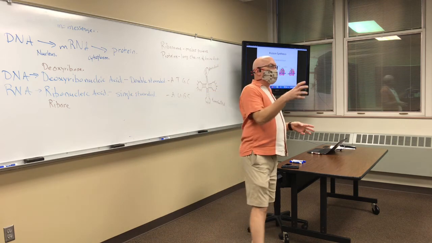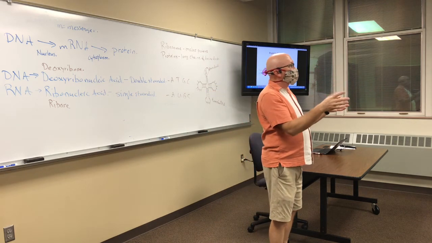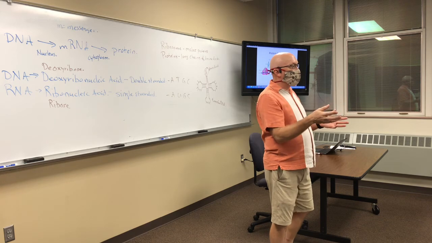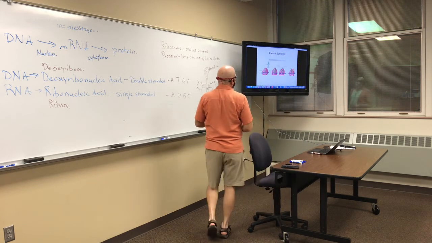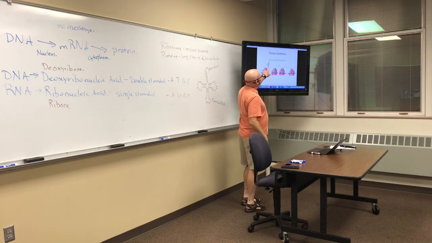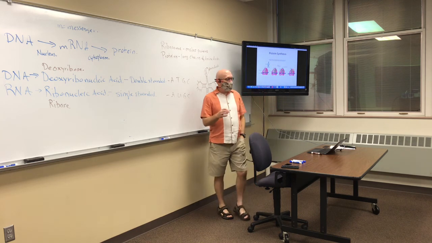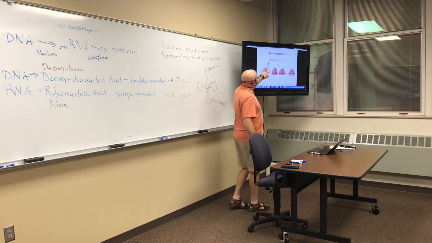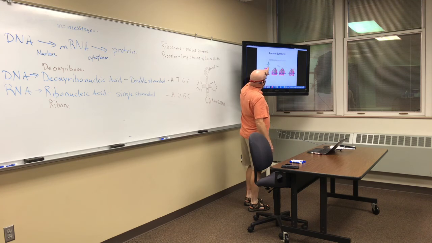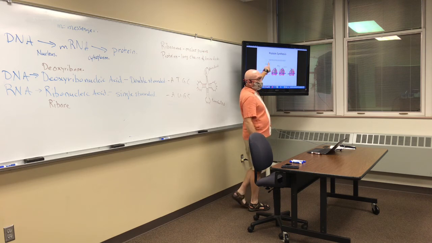And what happens is there are a bunch of transfer RNA molecules just floating around in the cytoplasm. For each of these transfer RNA molecules, there's a sequence of nitrogenous bases at one end, and there's a specific amino acid at the other end. And if the sequence here is guanine, adenine, cytosine, this transfer RNA molecule always carries leucine, the amino acid leucine.